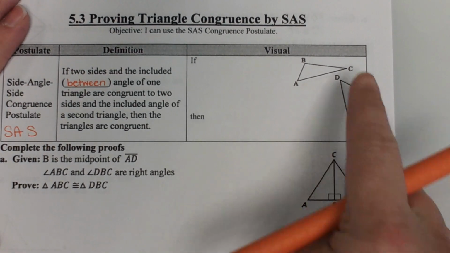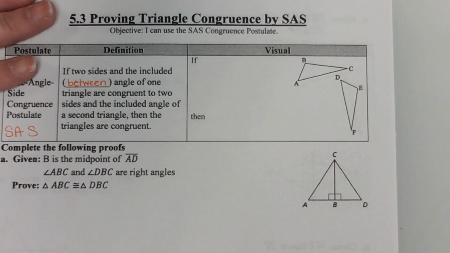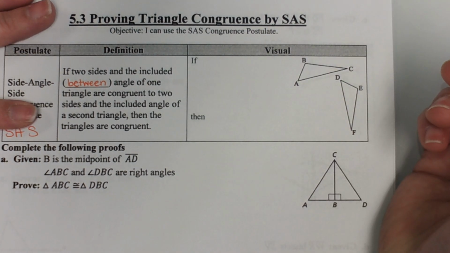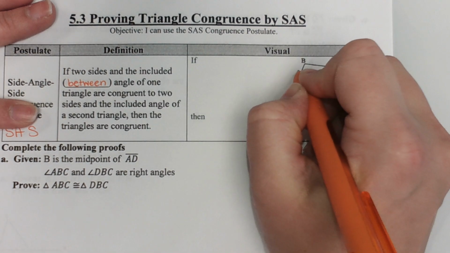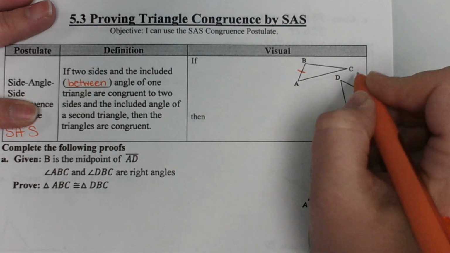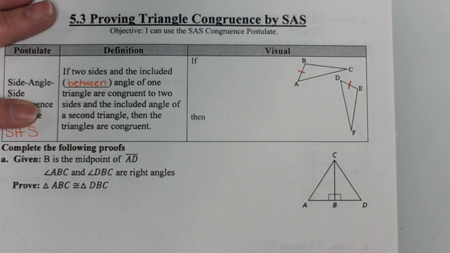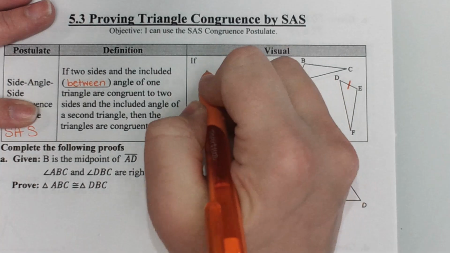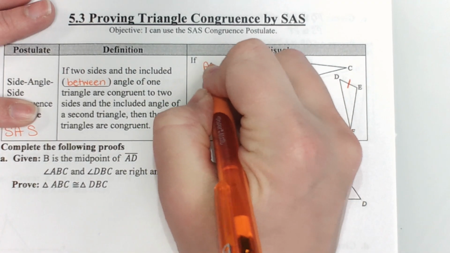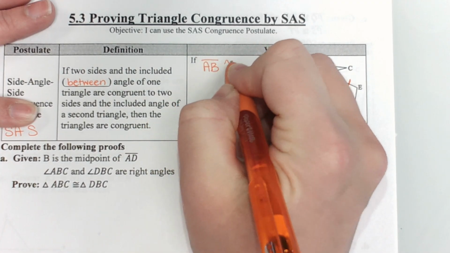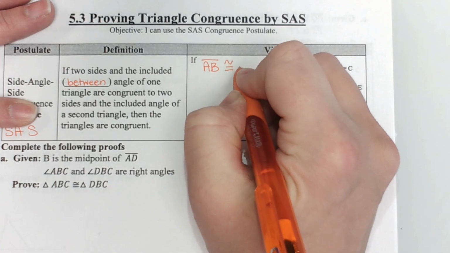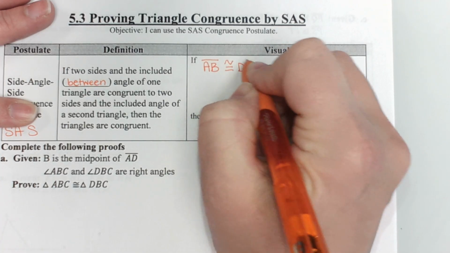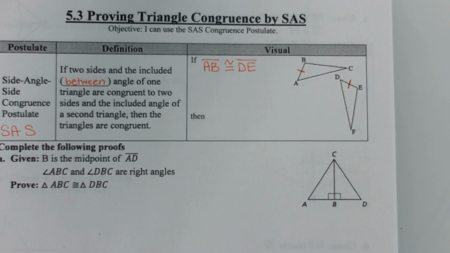So, if I have a picture like this, side angle side would look like me saying AB is congruent to DE. I do recommend you mark these pictures as well as write the words that I'm writing. That's one pair of sides.